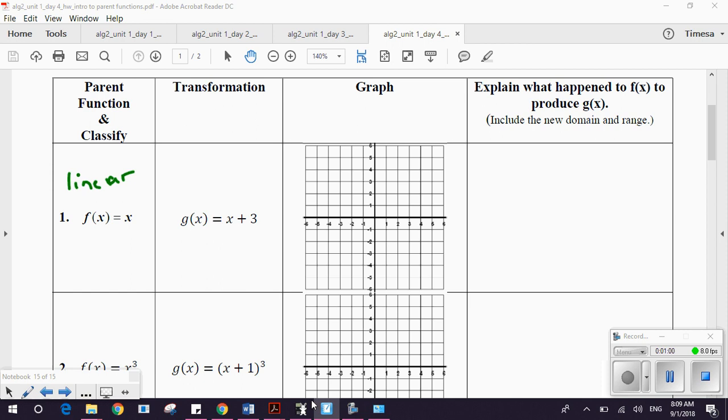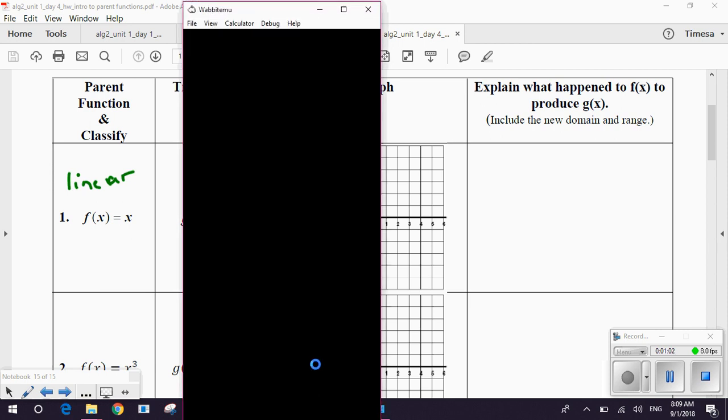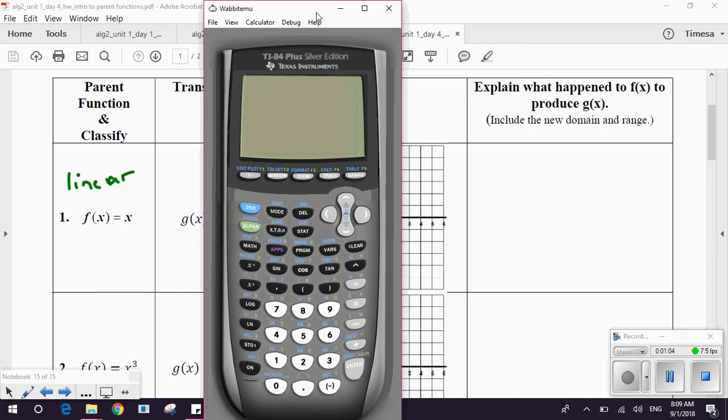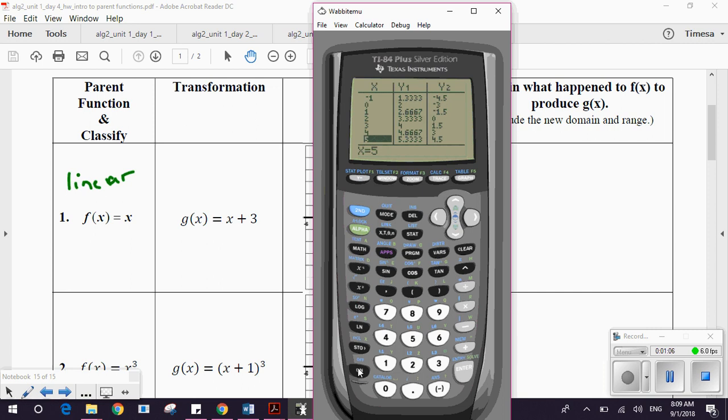So let's get our graphing calculators and let's graph both functions. Let's clear this function out, and I'm just going to put x for mama. Clear this out. Again, I need to darken my line.